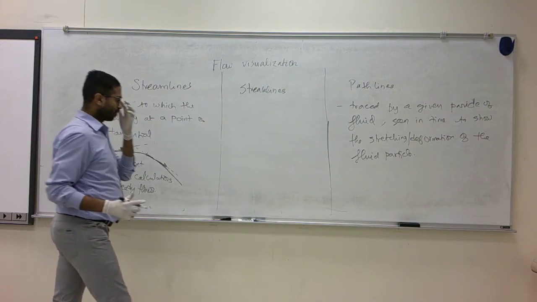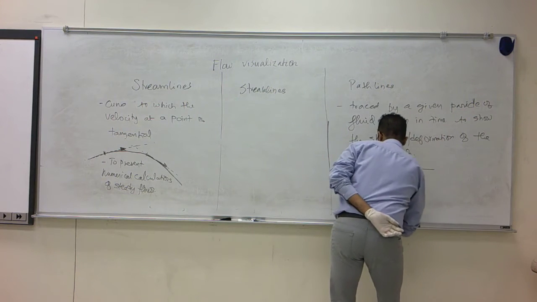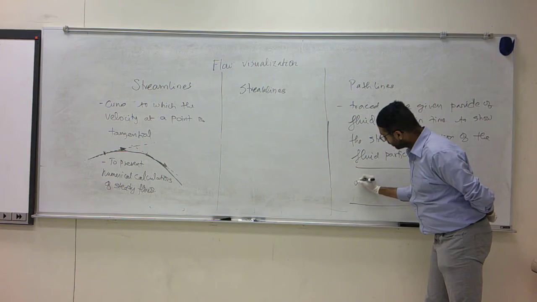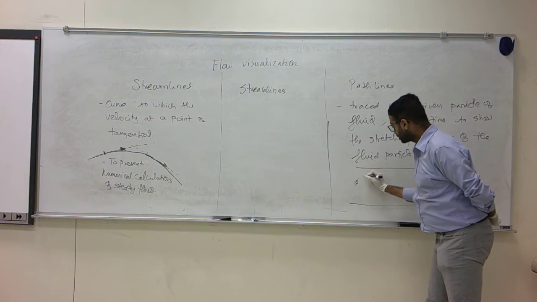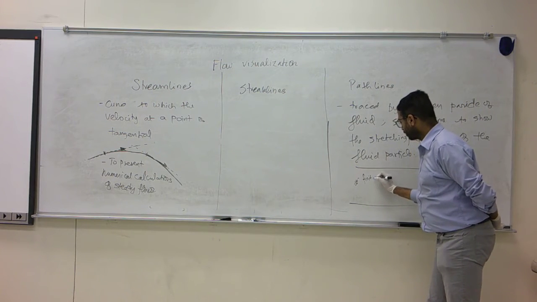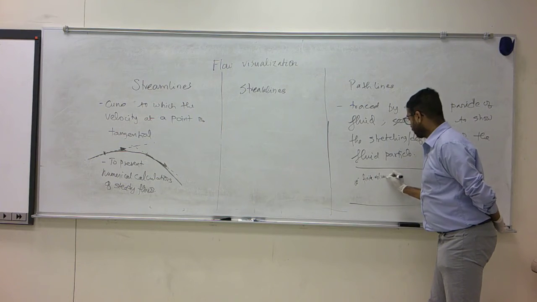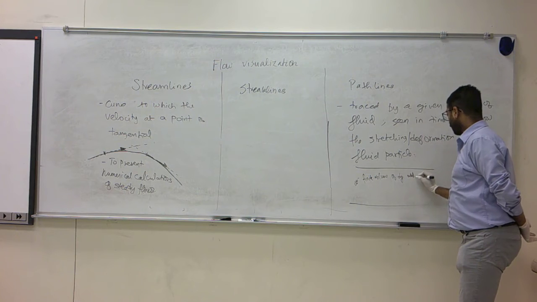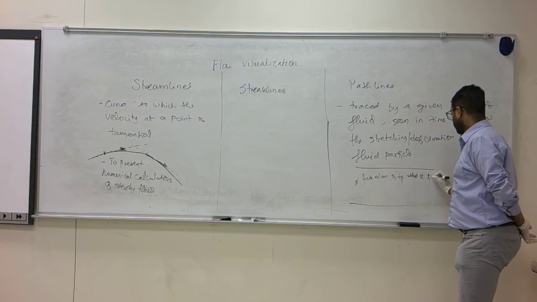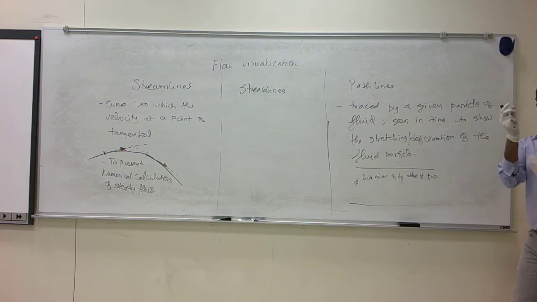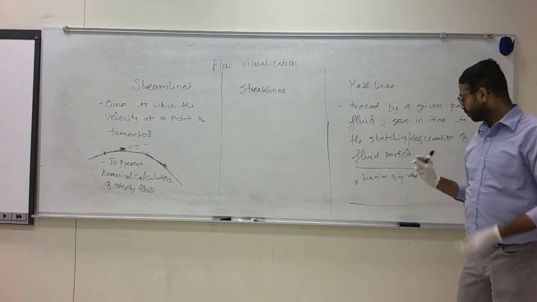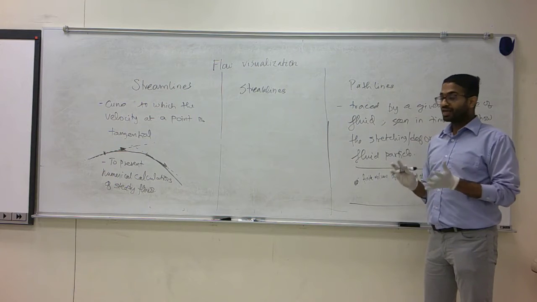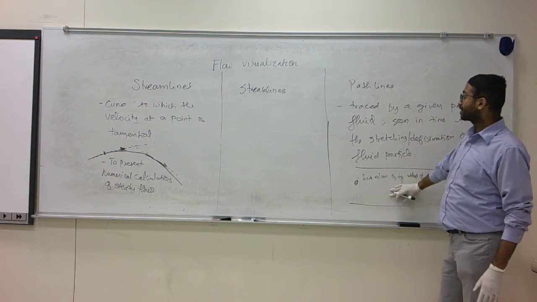That is, if I have a flow, let's say I designate a small volume of fluid, I inject a certain finite volume of dye at time 0. Suppose I take a finite volume of dye, add it in this volume, and I don't add dye anymore. That would be the difference between path line and streak line.